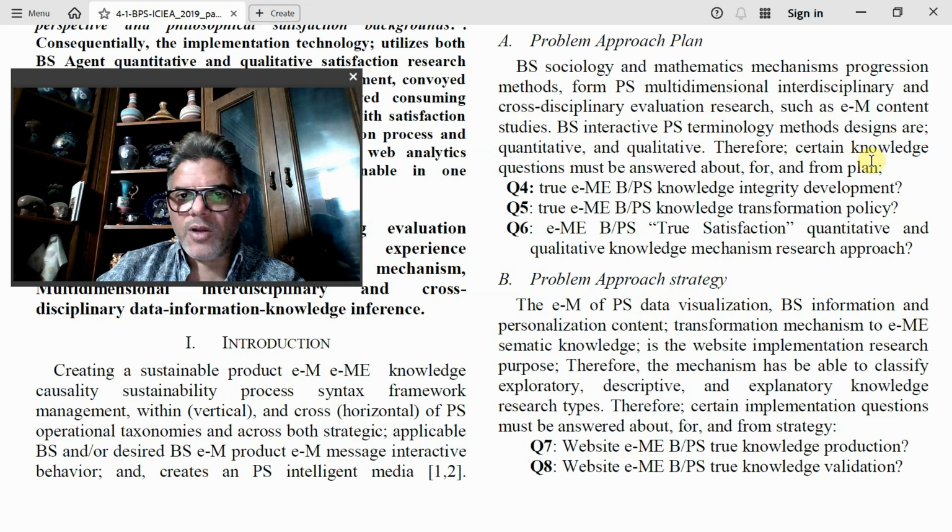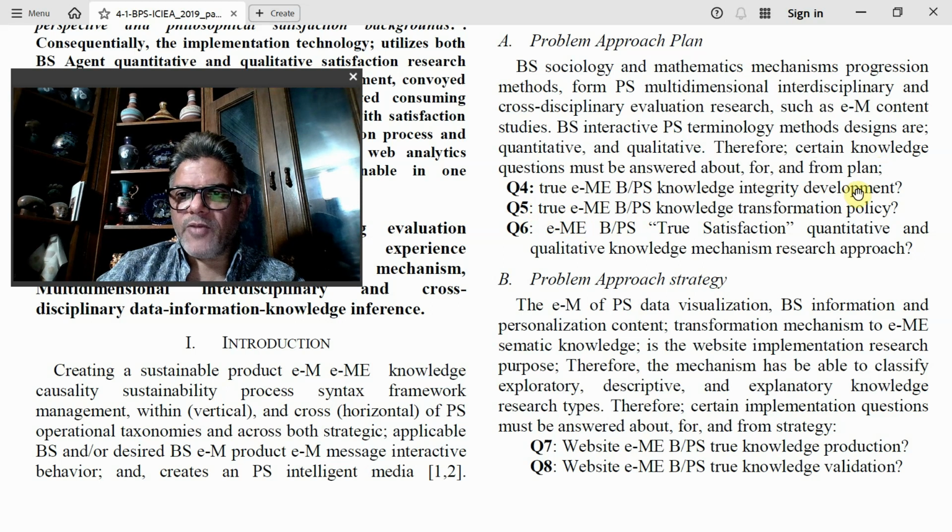Therefore, certain knowledge questions must be answered about, for, and from plan, which are true e-marketing business/product satisfaction knowledge integrity development, true e-marketing environment.